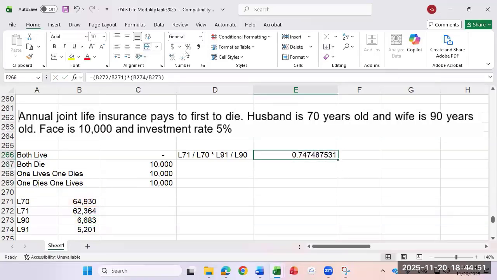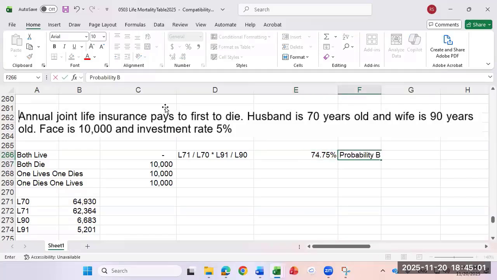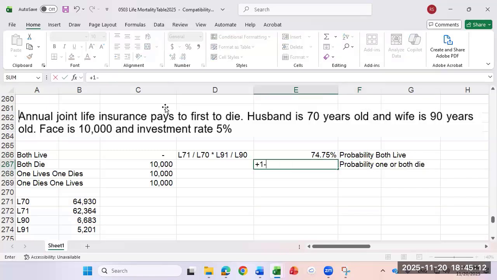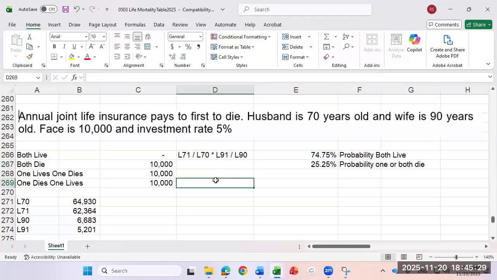So the probability they both live is 74.75%. All right. What's the probability one or both die? 1 minus that. All right, so that's pretty straightforward.